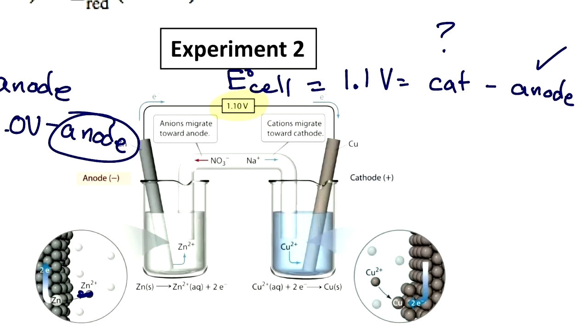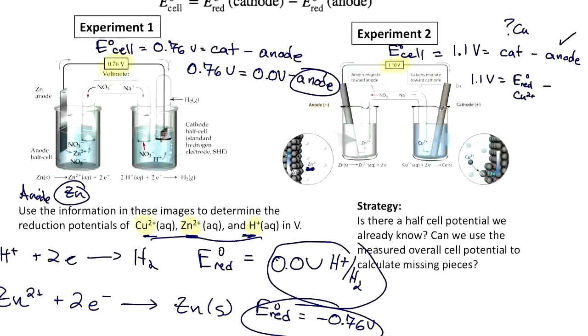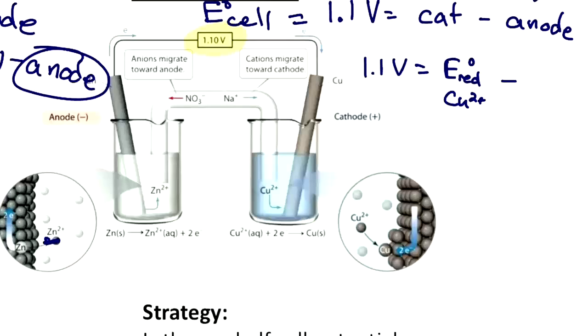So if we solve for the reduction potential of the cathode, that will give us the copper half reaction reduction potential. Setting this up, 1.1 volts equals the reduction potential of copper 2+ minus the reduction potential at the anode. So what number am I going to put in those parentheses? 0.76 or negative?